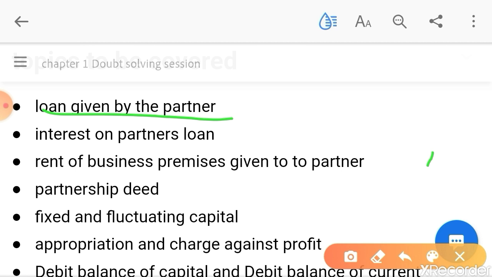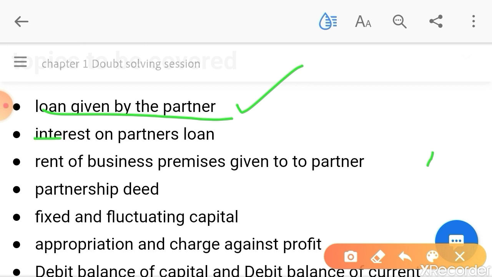Okay. Now, what will be the journal entry for the loan given by the partner? See, the firm will get the money, so the entry will be cash account debit or bank account debit to partner's loan account. Partner's loan account will be credited. Is this point clear?